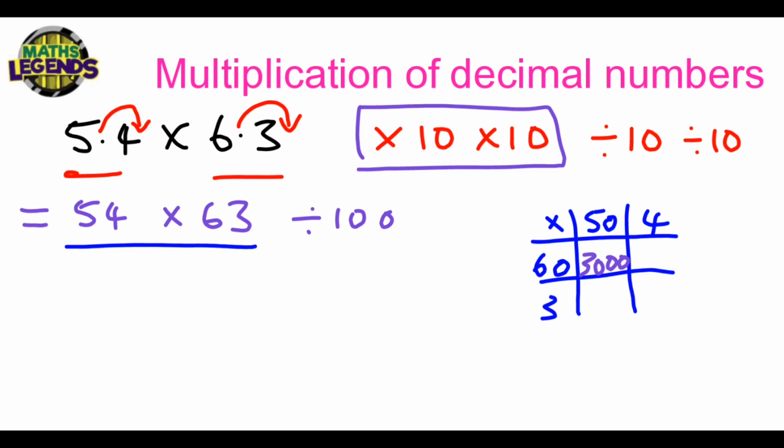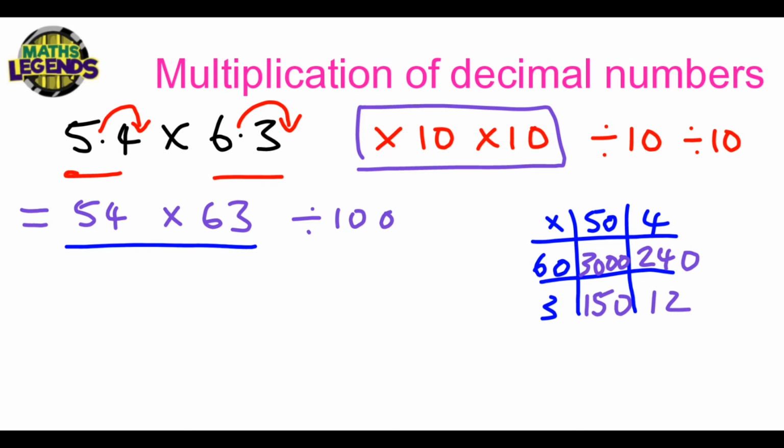And then the next box we do 60 times 4, so 6 times 4 is 24, add the 1 zero from the 60. Next box is 3 times 50, so 3 times 5 is 15, add the 1 zero from the 50. And the last box, 3 times 4, which is 12.